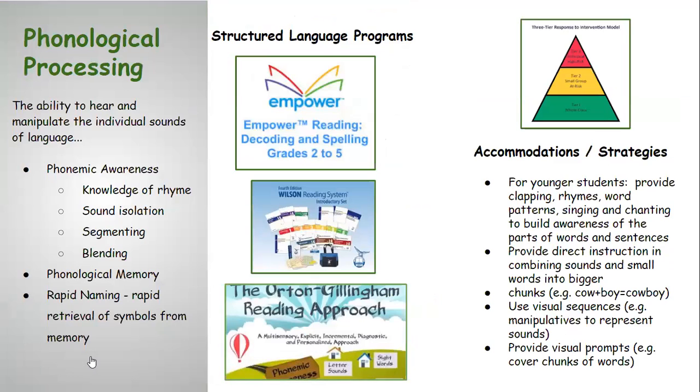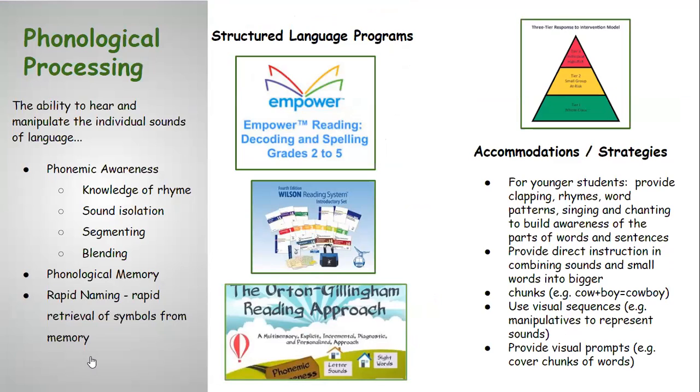So phonological processing is another area that's often found as a weakness for kids that have severe learning disabilities. So phonological deficits impact the ability to hear and manipulate individual sounds in language. And this is assessed in 3 ways in a psych ed assessment.